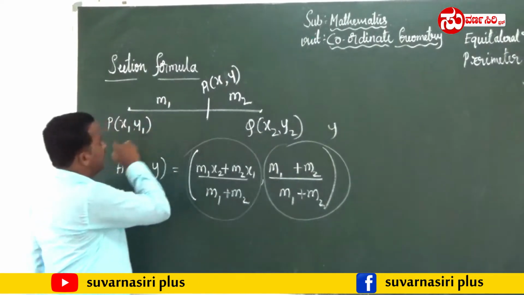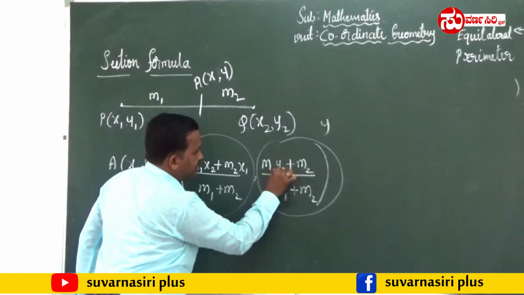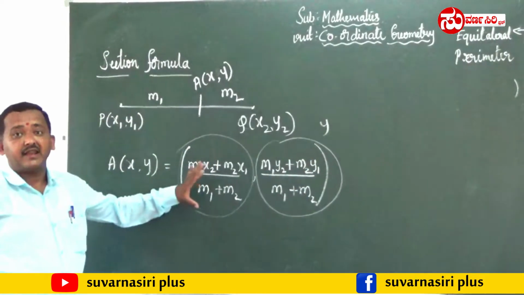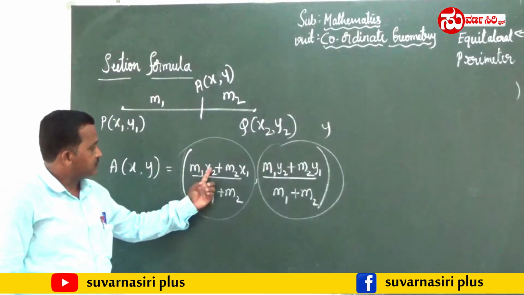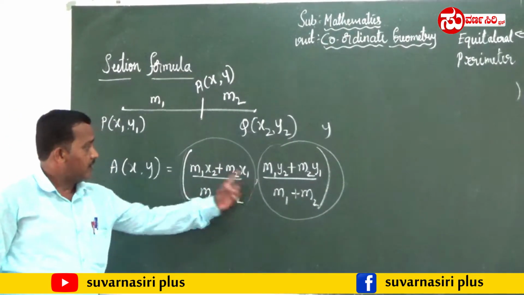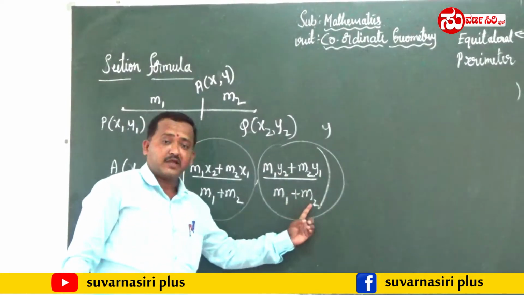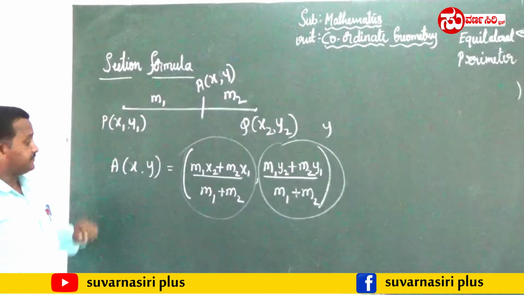We have two values, y1 and y2. So m1 is there, so y2, m2 into y1. This is how we can remember the section formula. So m1 into x2 plus m2 into x1 divided by m1 plus m2, comma, m1 into y2 plus m2 into y1 by m1 plus m2. So this is the section formula.